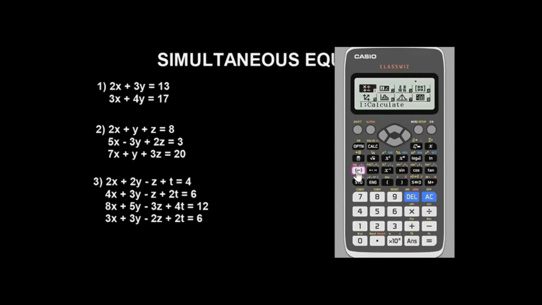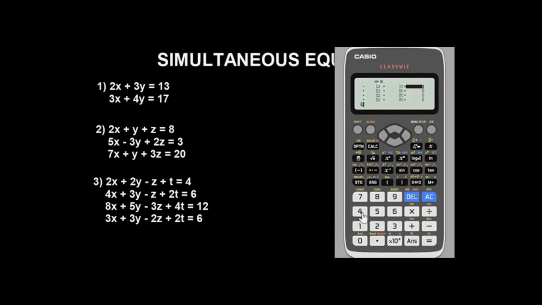That's press A. So simultaneous equation 1. This is my one for 4 variables, press 4. Okay, let's begin with the first row. The coefficient of 2x here is what? 2. Very simple, guys. Coefficient of 2y there is what? 2. Coefficient of minus z is what? Minus 1. Very simple, guys. Coefficient of t there is what? 1.